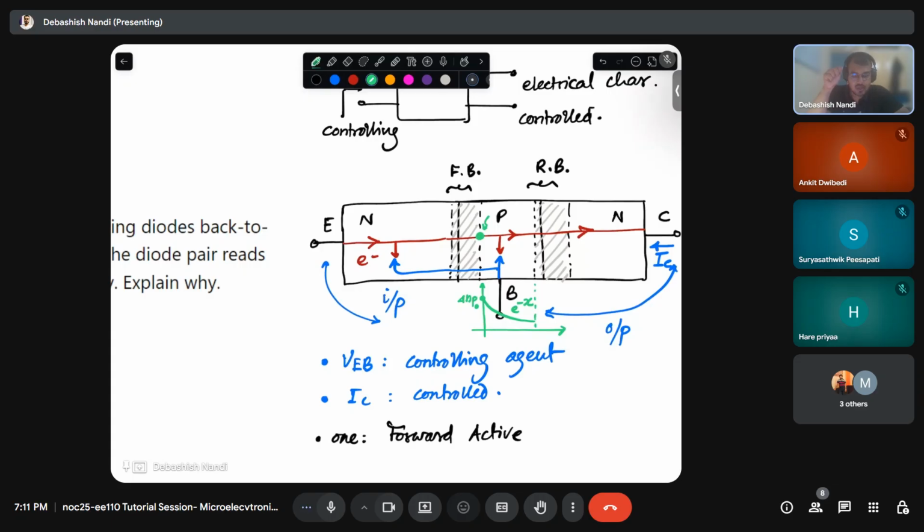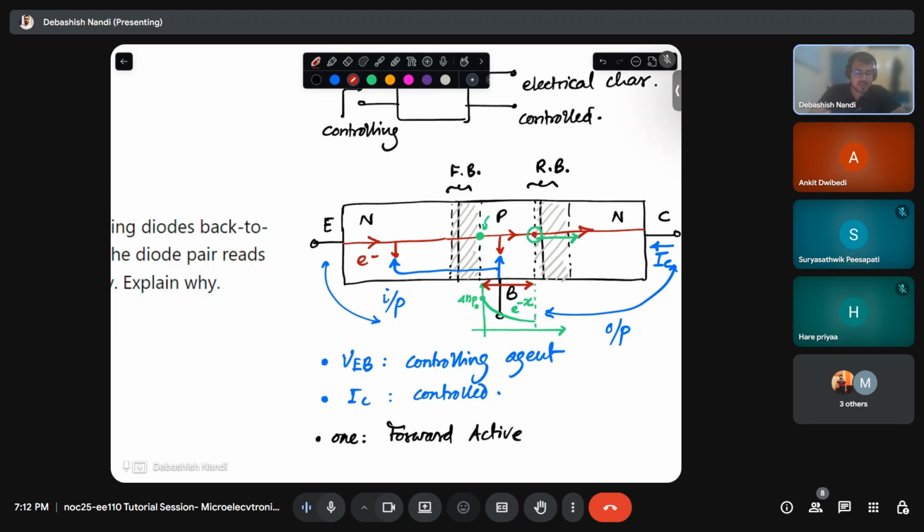So then tell me, to get these electrons through to the n-type collector, what should be the condition? If all my electrons recombine in the p-type base, how many electrons will reach the collector? No electron will reach.